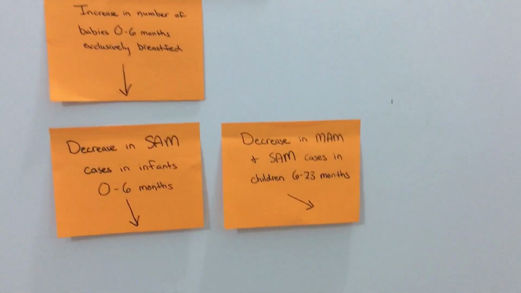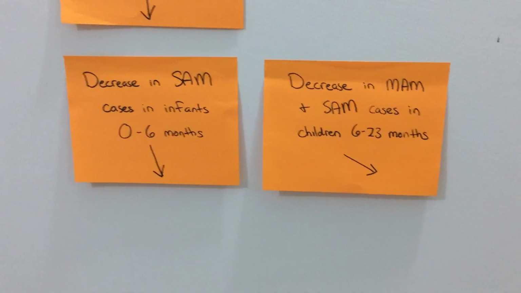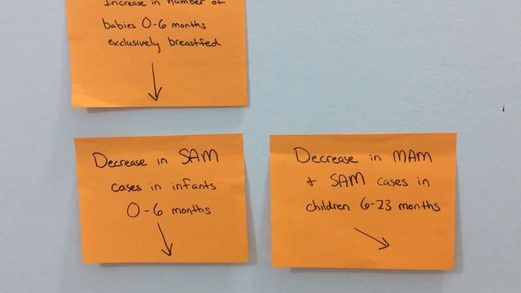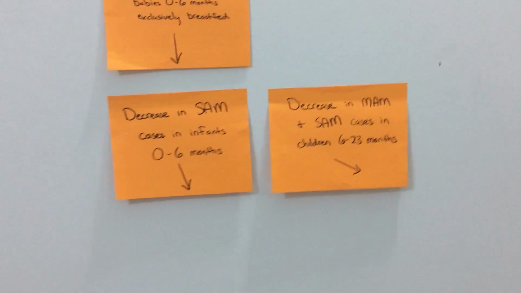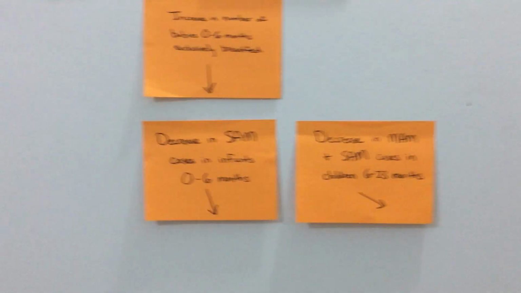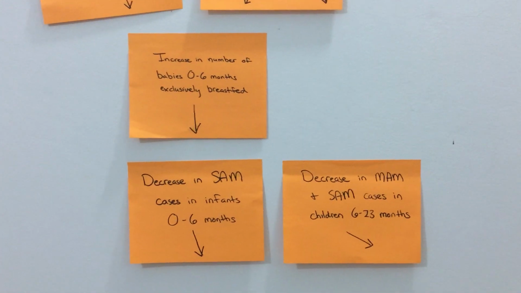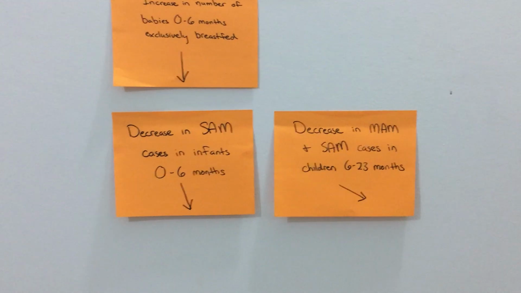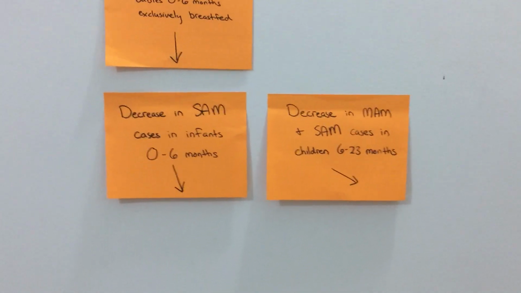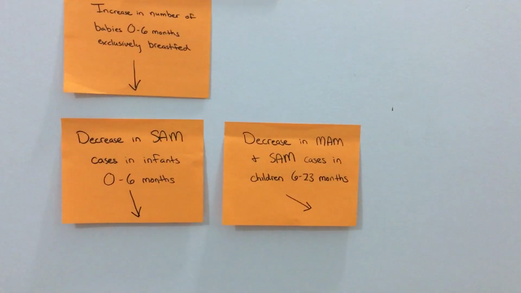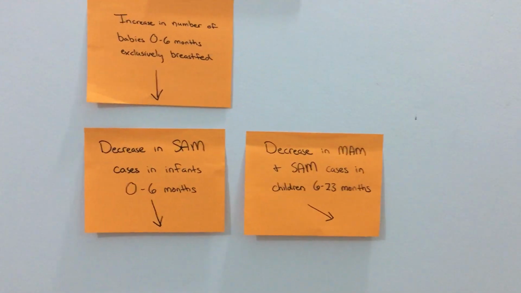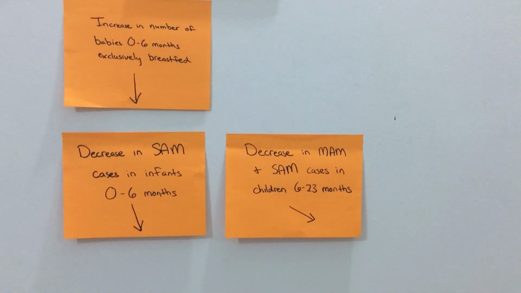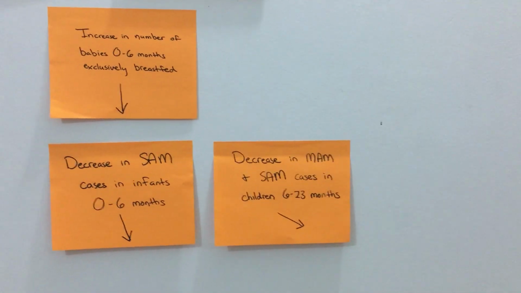It's a little harder to track a decrease in SAM cases or a decrease in MAM and SAM cases, because at this point we're starting to get into work that is outside of our control. There are other programs that are going on that are helping with malnutrition, and so it could be that if we're seeing a decrease in these cases, it's because children are getting enrolled into other feeding programs or because of other work that's being done by other organizations. So it's hard for us to be able to say for sure that this is an outcome of our program.